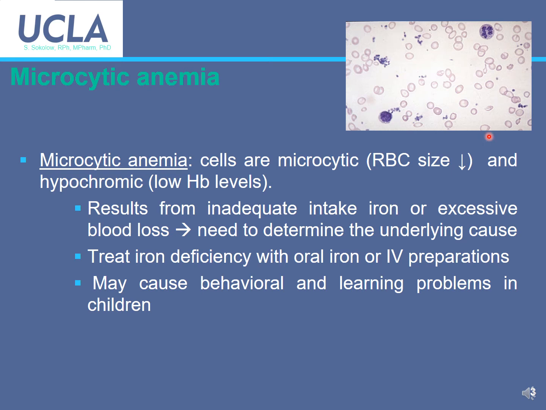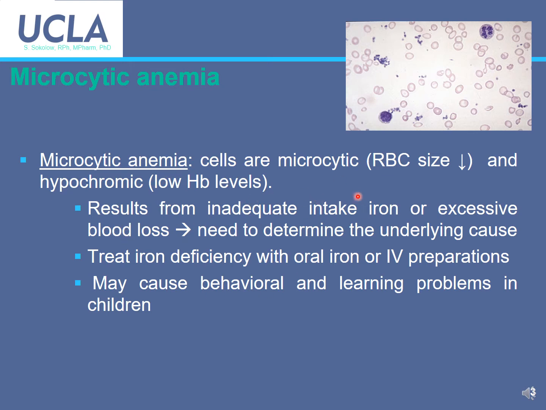To determine this type of anemia, you have to look at the microscopy of the red blood cells, or also look at the hemoglobin level, because the hemoglobin level is also low in a patient who has microcytic anemia.